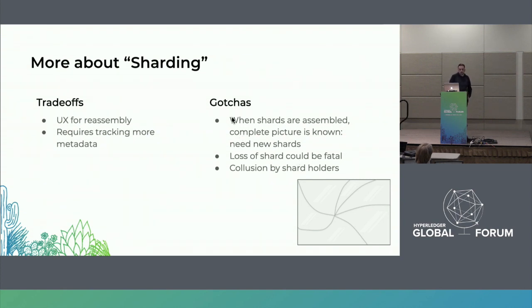The other thing to know about this on the gotcha side is, and I've seen a number of architectures in our space miss this particular point: when you reassemble the shards, somebody now can see a view without the shards. And if you don't then get new shards in place, you have essentially undone all of your benefit. So let me explain.